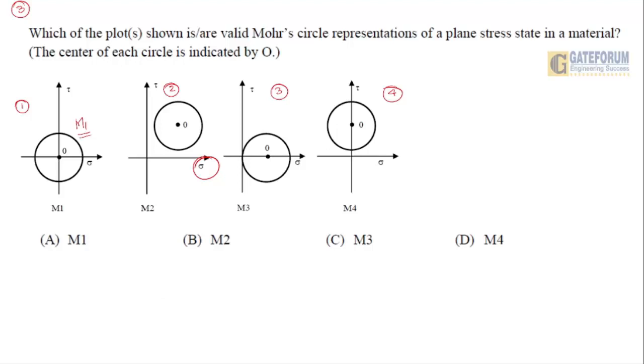Whereas when we talk about case 3, sigma 1 and sigma 2, where sigma 1 became 0, sigma 2 is the diameter of the Mohr circle. So obviously this will be a plane stress condition. In case 4, the Mohr circle given is tangential to the sigma axis, so obviously one stress is going to exist which is equal to 0.